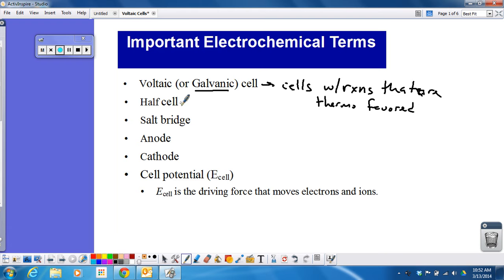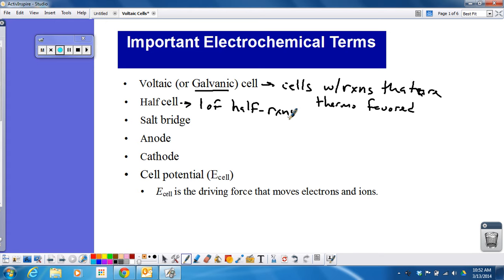And each half cell contains one of the half reactions for my redox reaction. So there are two of them total. One half cell is for oxidation. One half cell is for reduction.